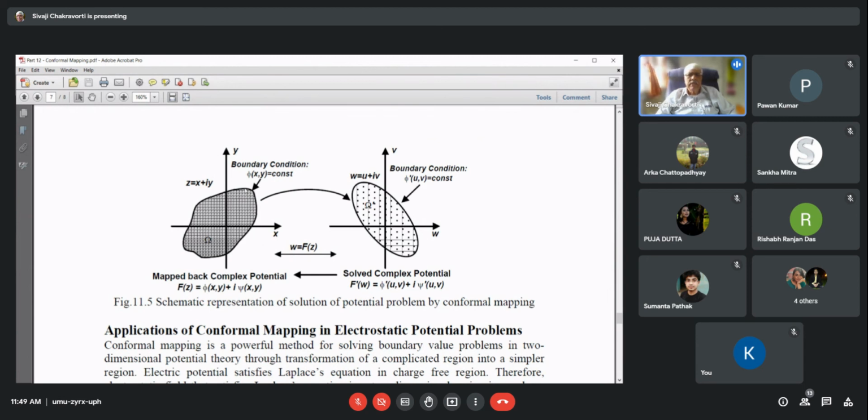And then the boundary condition, say if it is an equipotential, then the same boundary condition will be applied here. And then I'll find the solution on the W plane. And this is the complex potential on the W plane, where the real part will represent the electric potential and the imaginary part will represent the electric field lines. And the same thing is now mapped back to real life, and I get the solution for the real-life problem. So this is how we solve.